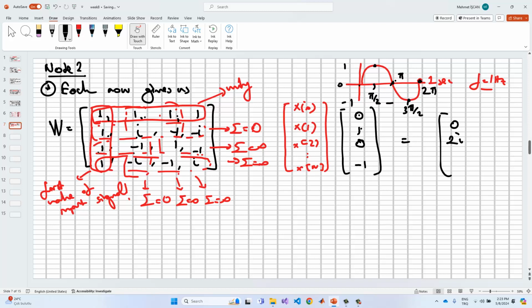And so in the second case, 1, 0, minus 1, 1, minus 1, 0, right? And so 0 and minus i, minus i, and so we have this value, 2i and 2i, right? And what does that tell us right now?